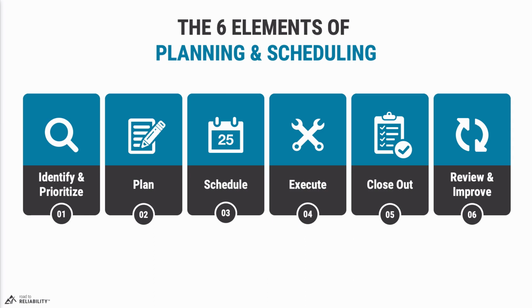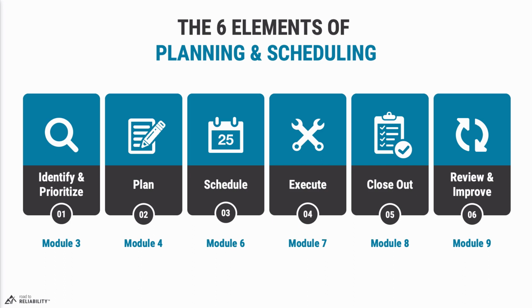Now, in reality, the workflow is not as simple as this, and there are some intermediate steps, but we'll discuss those later in the course as we cover each of these high-level steps in more detail. And in fact, you probably have noticed that this process aligns with the modules of this course. In Module 3 we'll talk about identification and prioritization of work in a lot of detail. Module 4 is all about the planning of maintenance, and we'll discuss the basic maintenance planning principles that you need to put to good use.